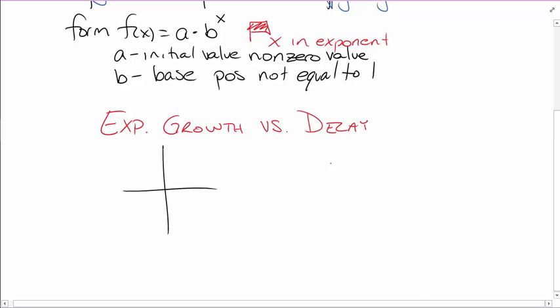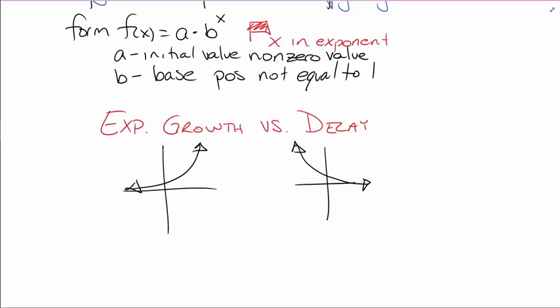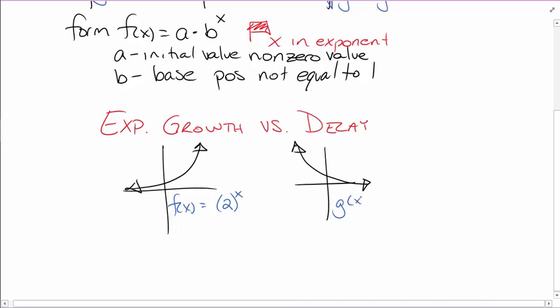So the two functions that we're looking at here, one would be an exponential growth model, and one would be an exponential decay model. The big difference here in terms of the examples is that this exponential growth will be something like 2 to the x, whereas the decay model will be something along the lines of 2 to the negative x.